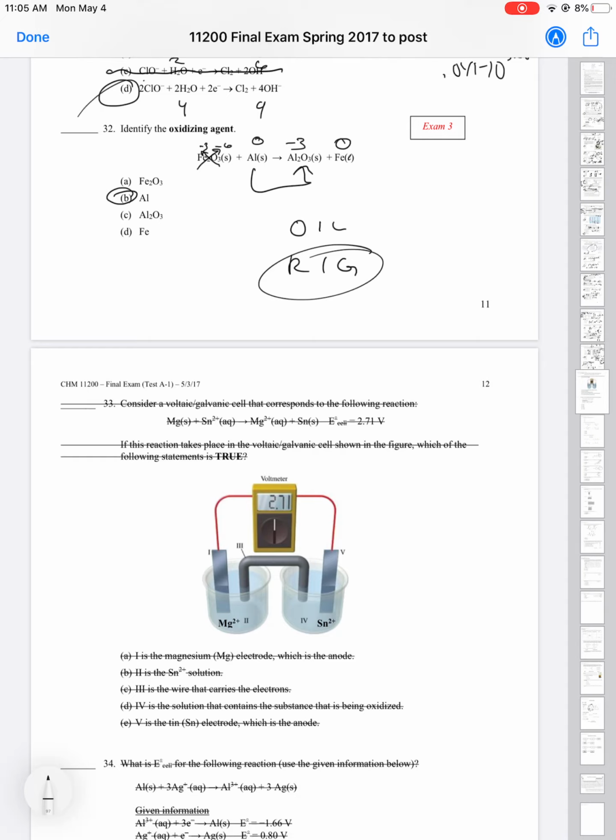The oxidizing agent. Oxidation is loss. Is my key right? It says that A is the answer. Well, aluminum is going from 0 to negative 3 and being reduced.